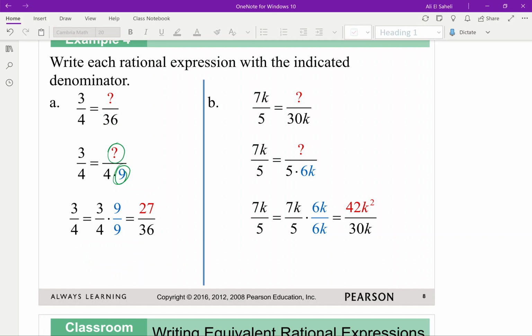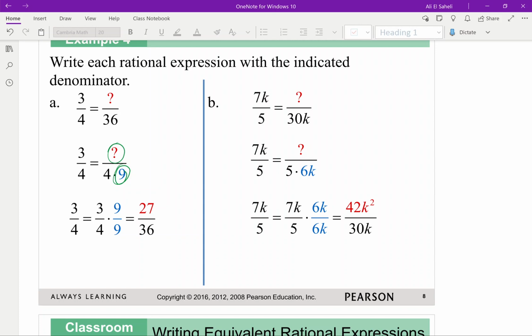Of course, I would probably be using this for some other purpose. We're here just learning and practicing how to get the desired denominator. Like I showed you earlier, we could use that to add the rational expression to another rational expression.